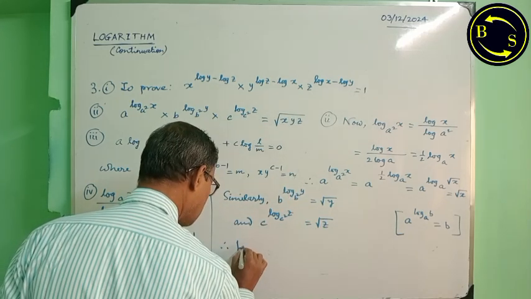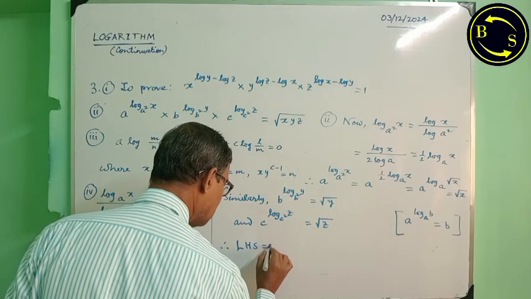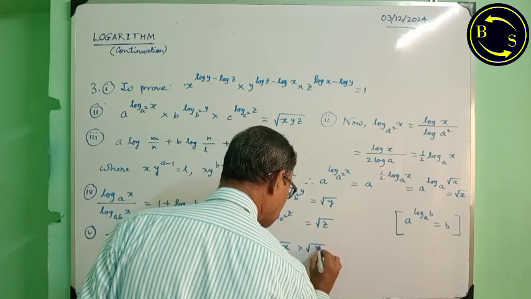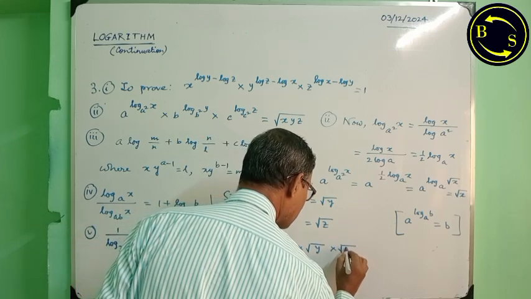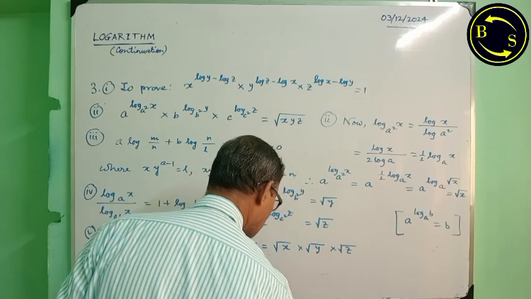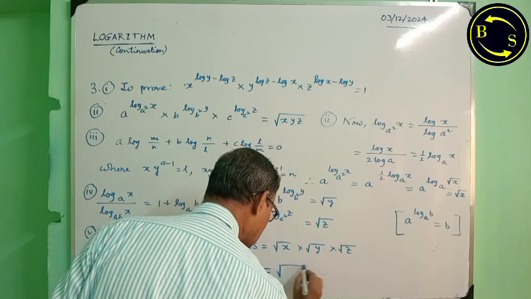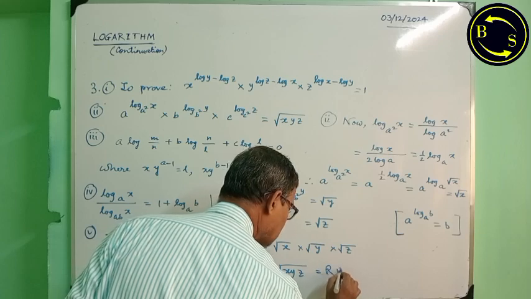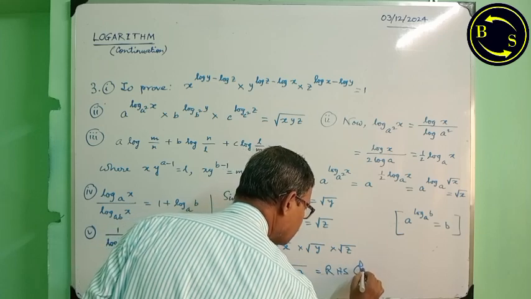Therefore, LHS is equal to root x into root y into root z. Therefore, product of these three will be root over xyz, that is equal to RHS. Proved.